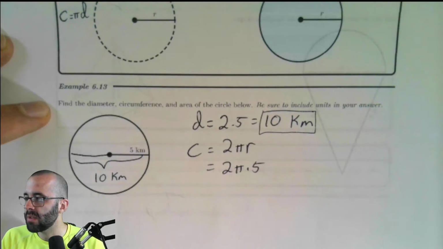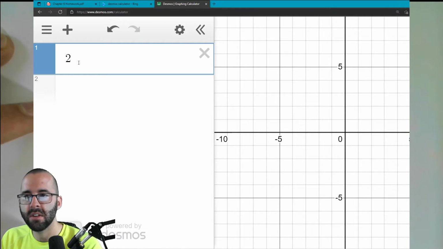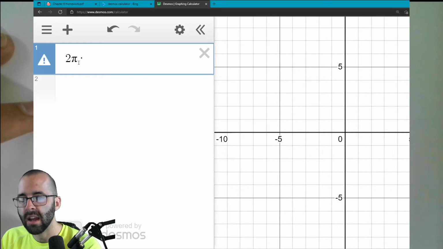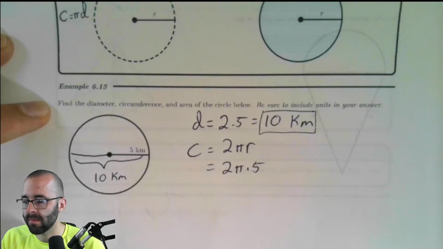If we use Desmos, then what you're going to type is something like this. Just type pi. If you type pi, it automatically replaces it with pi on Desmos. And then the radius is 5. So 31.42 is how we'll approximate it.